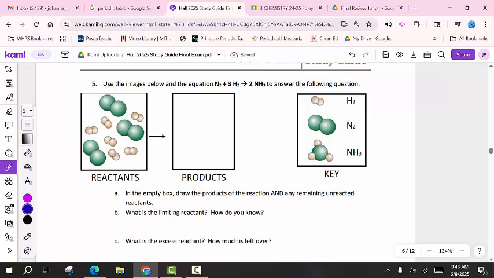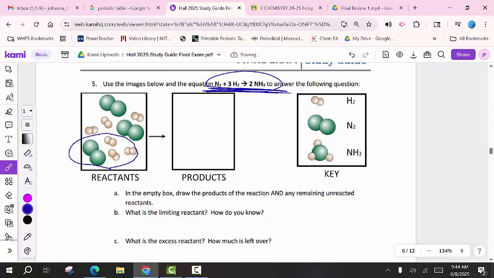Here we're just drawing out a picture to show what's happening in the reaction and how possibly there might be a limiting or excess reactant. It's really important that you follow the recipe which comes from the reaction, which is the coefficients. So I'm going to circle to help me 1 nitrogen and 3 hydrogens.